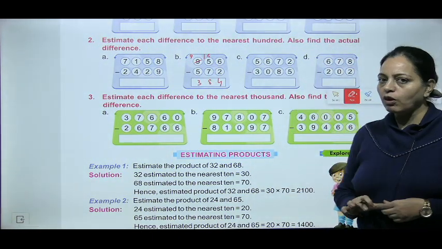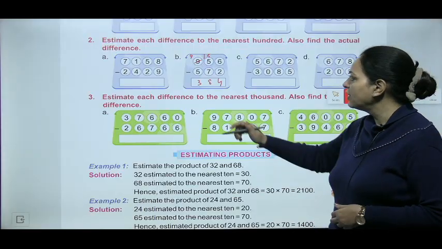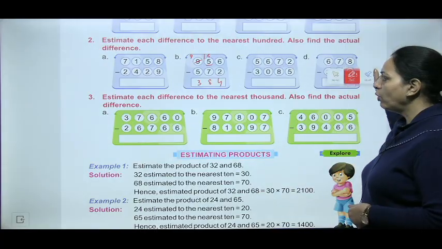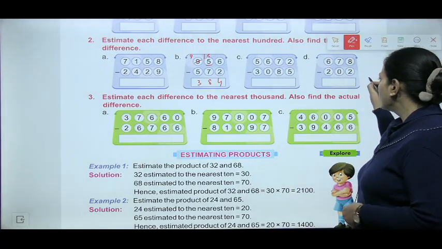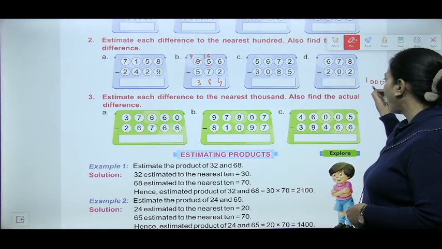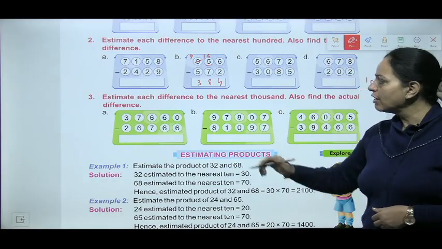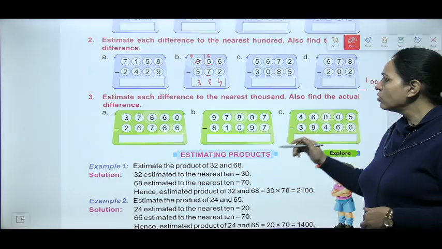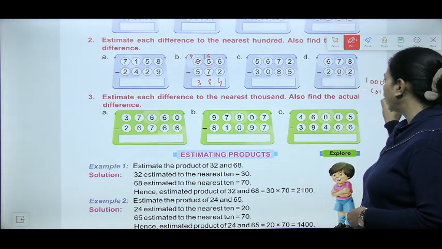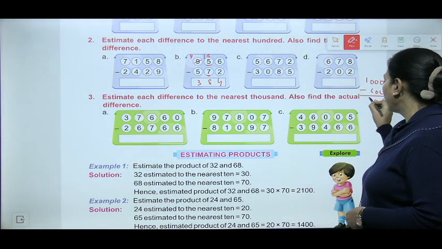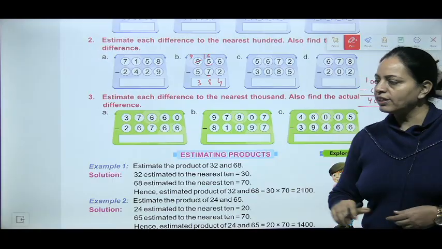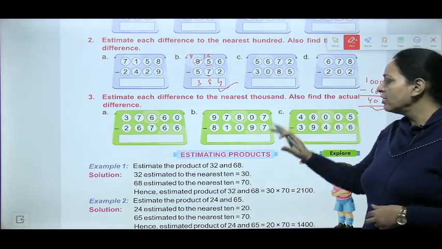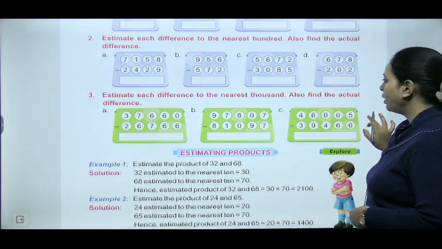So we have to round off to the nearest 100. See the tens digit. This is 5. So we have to increase 100 digit by 1. So this becomes 1000 minus 572. This is 7 more than 5. So this becomes 600. So answer is actual is 384, estimated is 400. Similarly, you can try remaining parts.